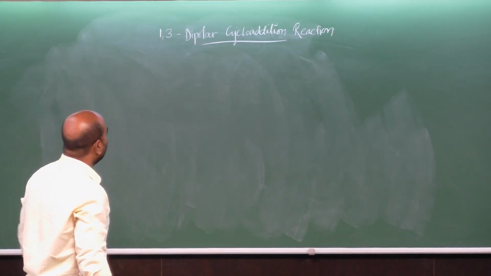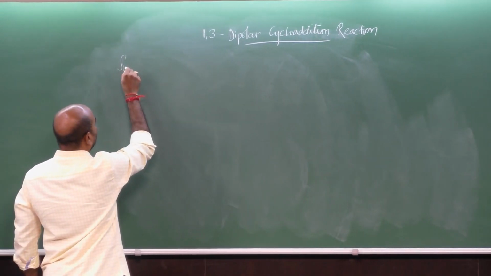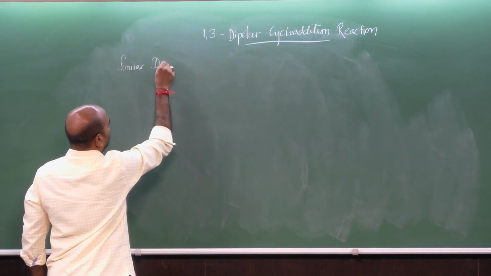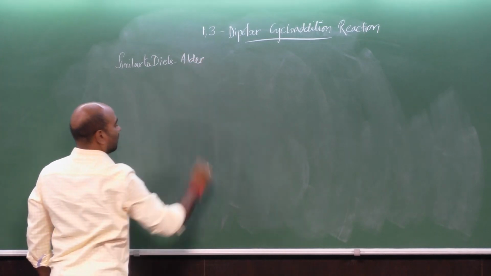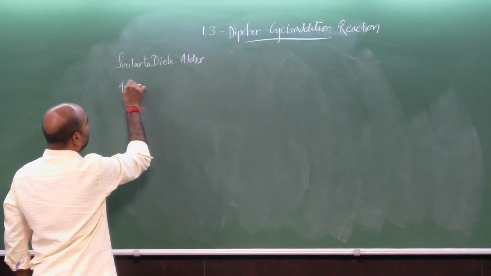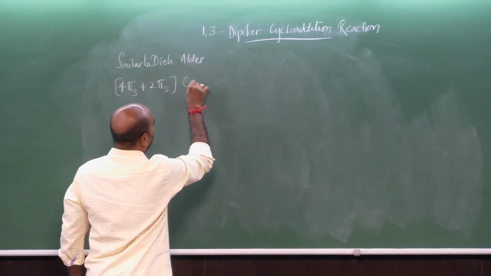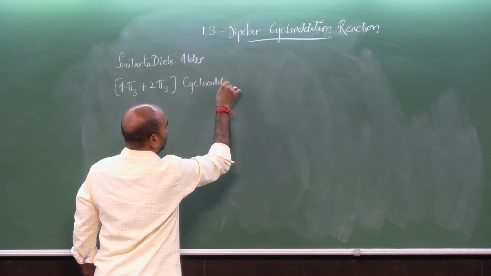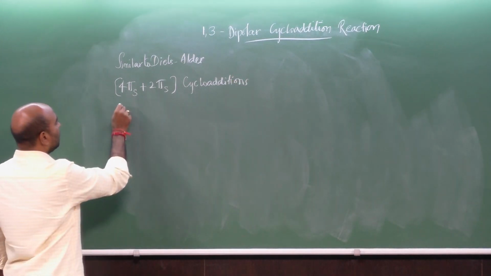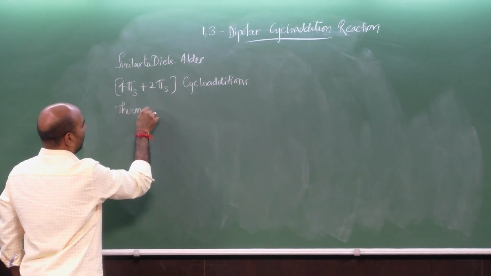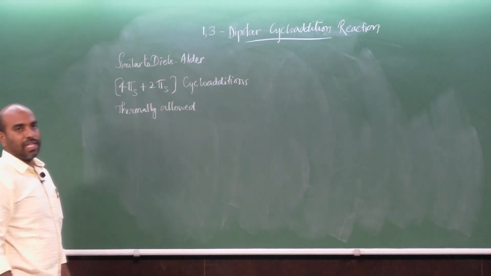These 1,3 dipolar cycloaddition reactions are also similar to the Diels-Alder reaction, and they also show 4 pi supra plus 2 pi supra cycloadditions. These reactions are also thermally allowed, similar to the Diels-Alder reaction.